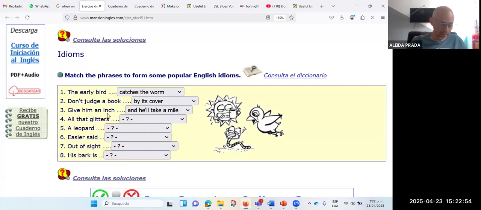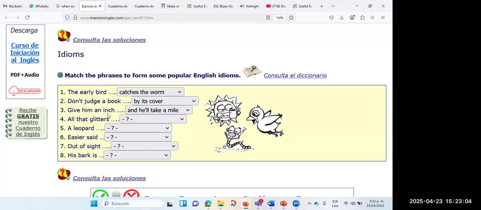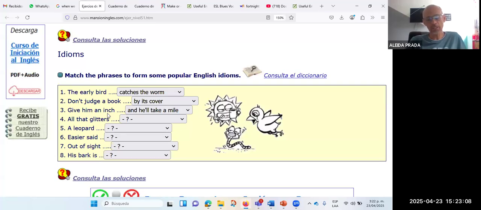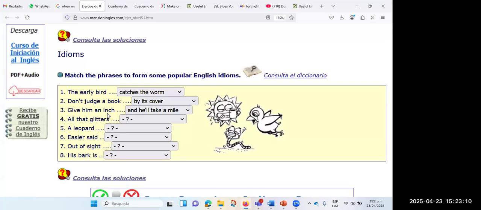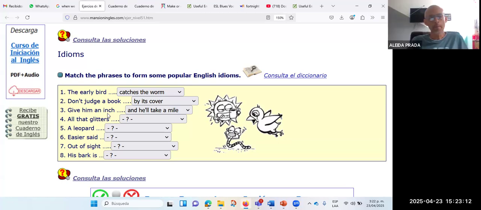Remember that in English, according to the countries, they have different measurements, medidas. For example, here in Colombia, we don't talk about inches, we talk about centimeters and meters, but in Europe and in the United States, they talk about inches.